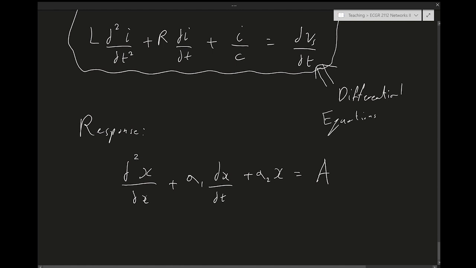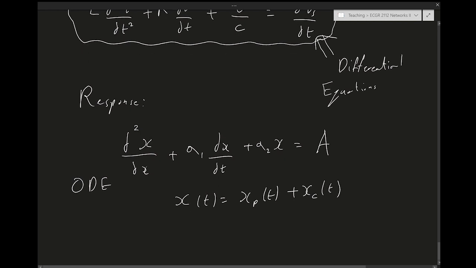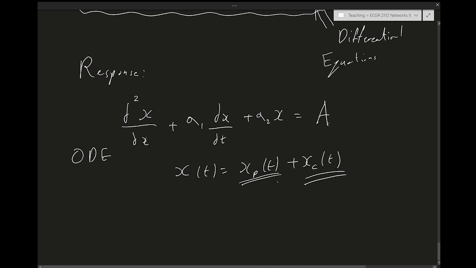The same facts apply for any linear ODE: the solution is going to be a particular solution plus a natural response, or homogeneous solution of the homogeneous equation, right? The particular solution will be something that follows the forcing function. So the particular solution in general would be some, let's say, constant.